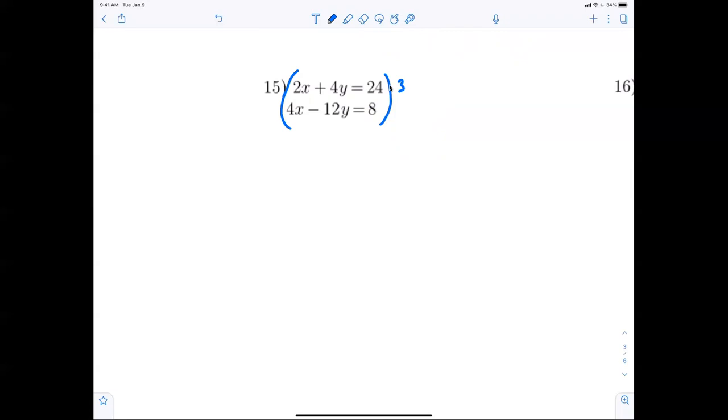Because you want one to be positive, one to be negative. So when you multiply by 3, you're multiplying by 3, not -3. So 6x plus 12y equals 72.